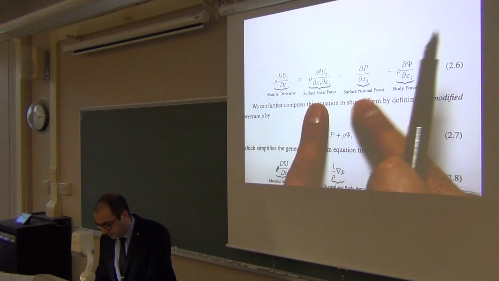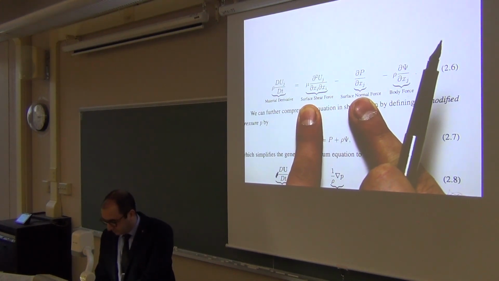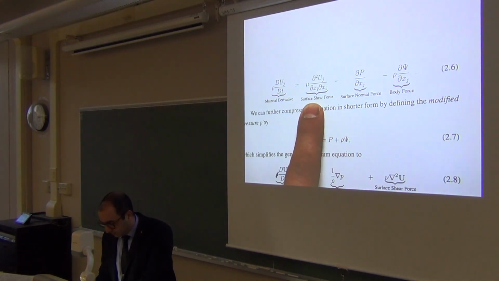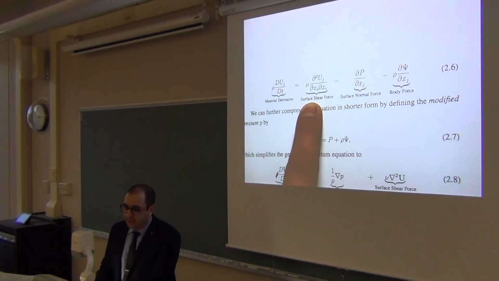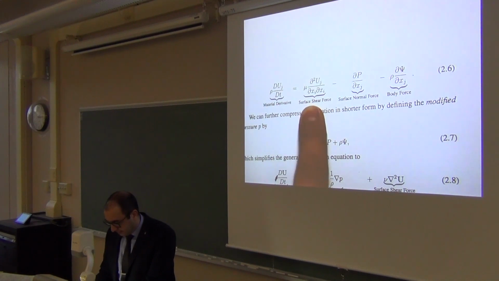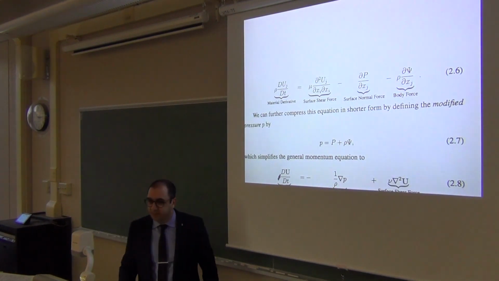Two of these come from the surface stress tensor, right? The first term here is called surface shear force. That was the sideways action on the surface. So the constant mu appears here. Then I have the normal force. So the pressure is here, and the body force still remains.